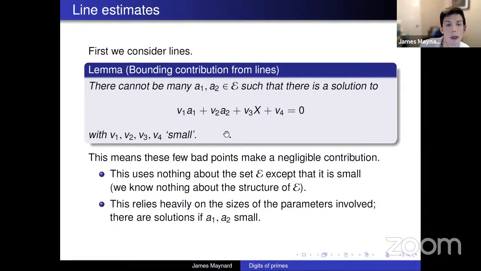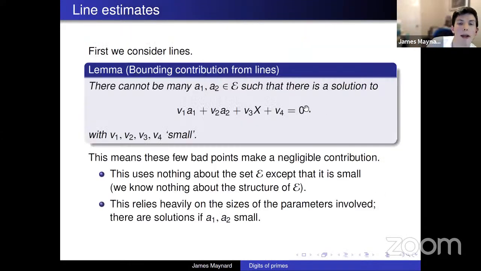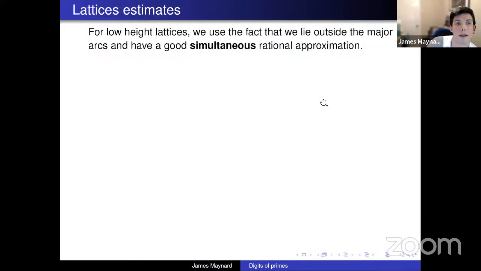But it turns out that the v_i are suitably small in terms of the set E, that just by virtue of this being a sparse set, without needing to know anything about the structure, you're saying that there's very few solutions to equations of this type. So that on its own, without using any further structure, happily controls the contribution from lines.